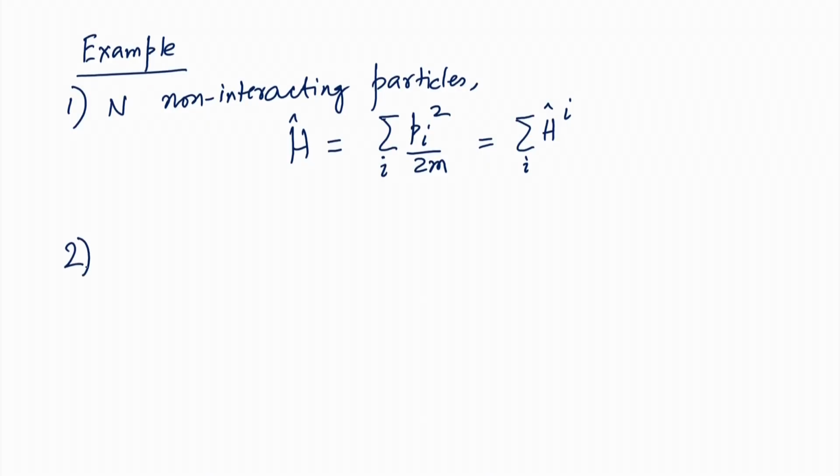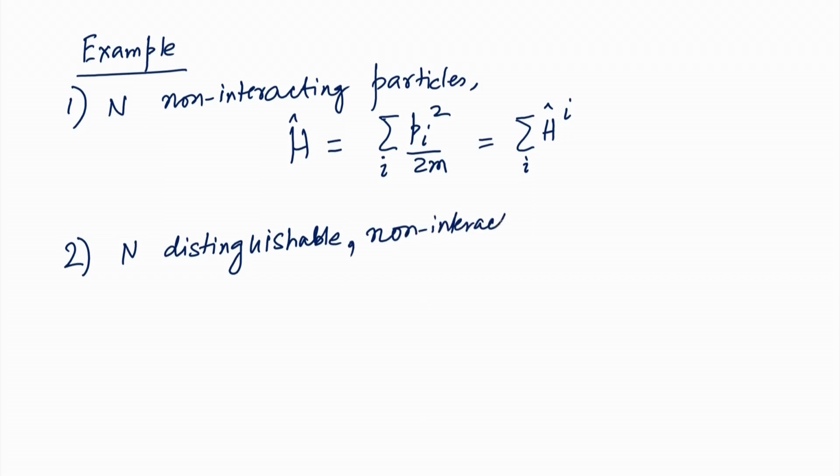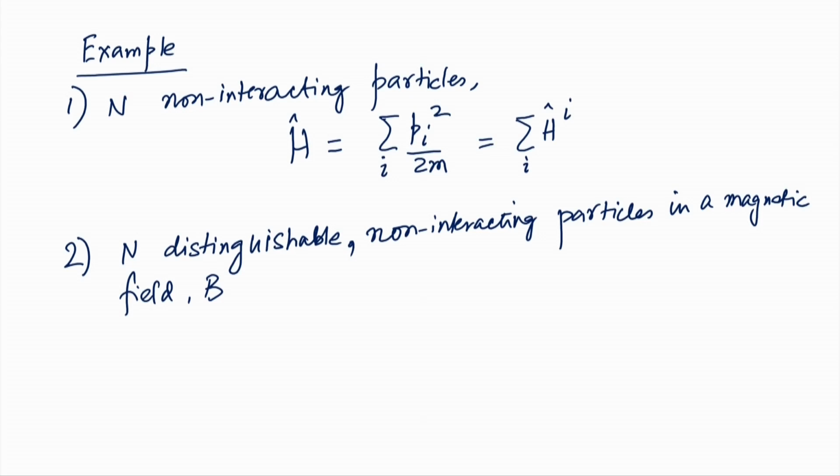And similarly, when we have n distinguishable non-interacting particles in a magnetic field B, we can write that as H equal to minus B sigma z i, where i runs from 1 to n.